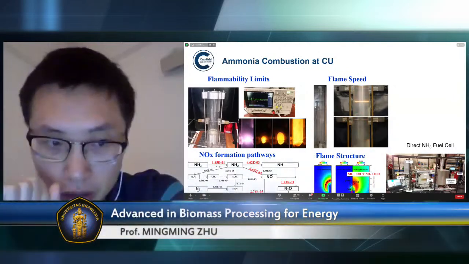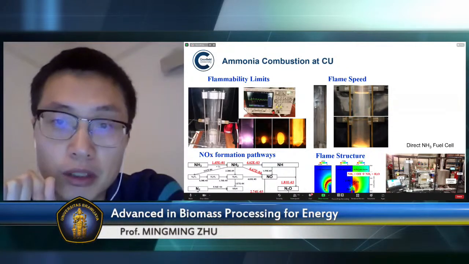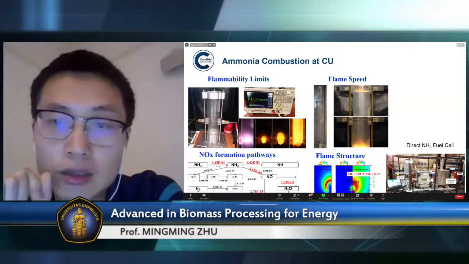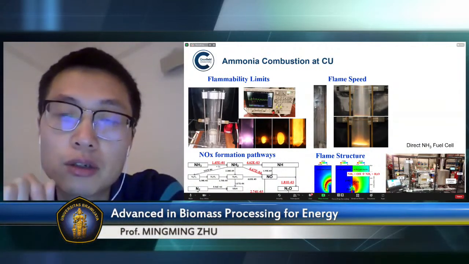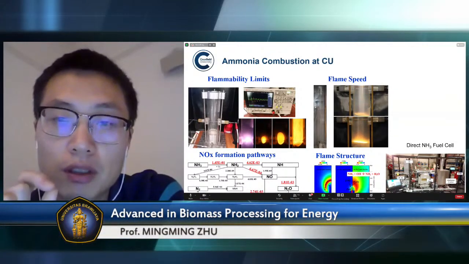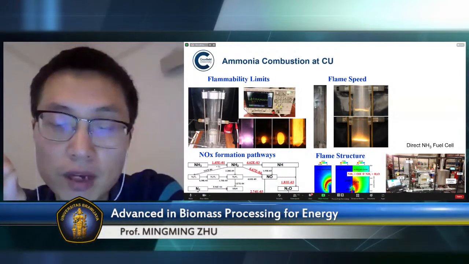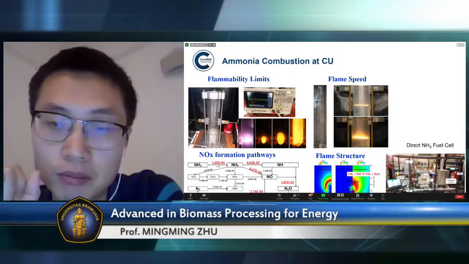And also, ammonia contains nitrogen, so during the combustion process, it may form NOx. That's why the technology development now is trying to increase the burning velocity, basically to make the burning more effective, and of course, simultaneously try to reduce the NOx emission.